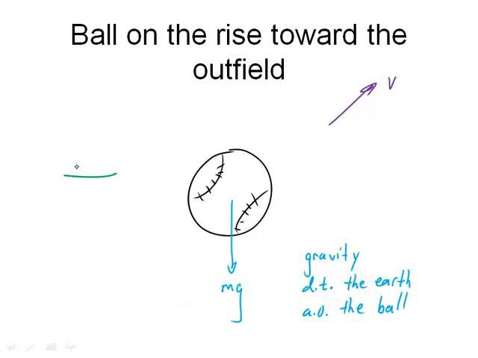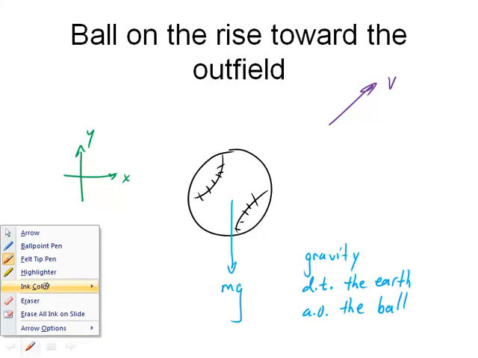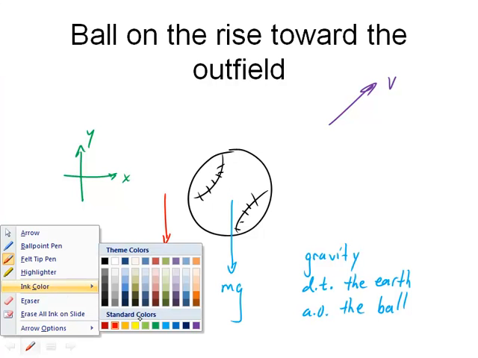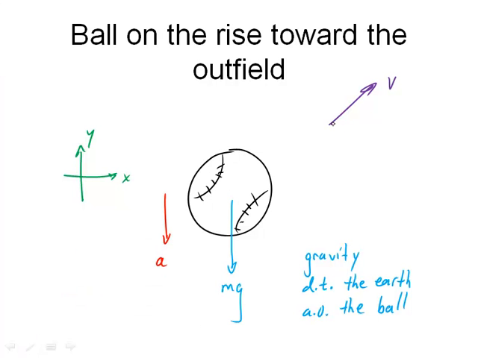So if I draw an XY axis again, I'll use the standard format. There's only one force acting on this ball, and it's in the y direction. So if I wanted to look at the ball's acceleration, and I'll use red for acceleration, the acceleration of this ball is down. This is the acceleration of the ball. Yes, it's moving up. So there's a component of the velocity to the right and up. So here is v sub x, and here is v sub y.